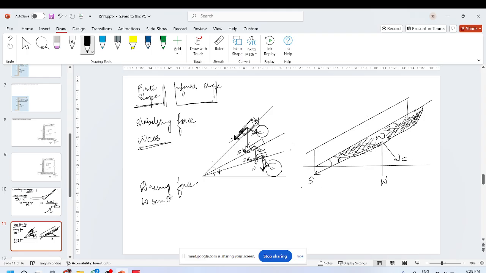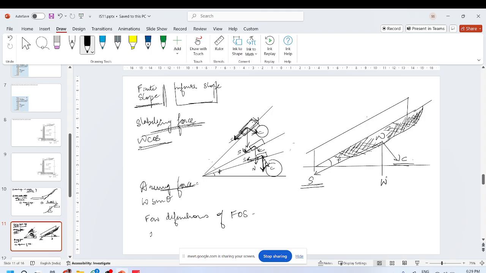What you basically check is the difference or the relative values of the driving force and stabilizing force. Now, there are a few definitions of factor of safety.